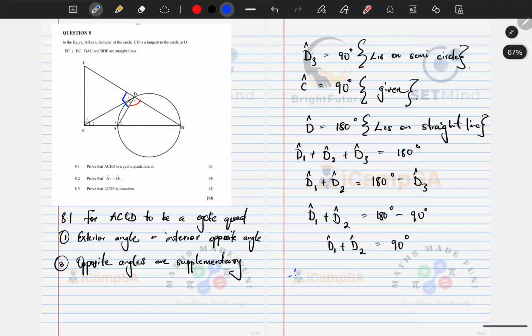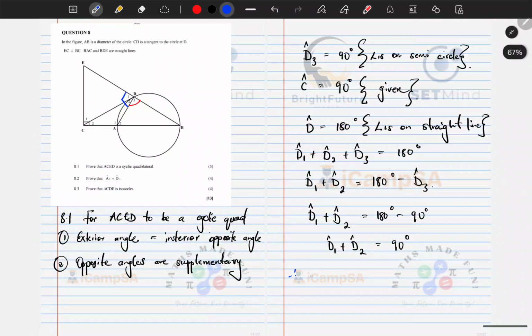So if you check, let's just say angle C plus D1 plus D2 is going to be equal to 180 degrees.